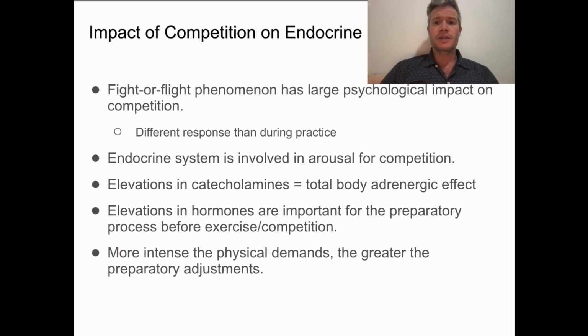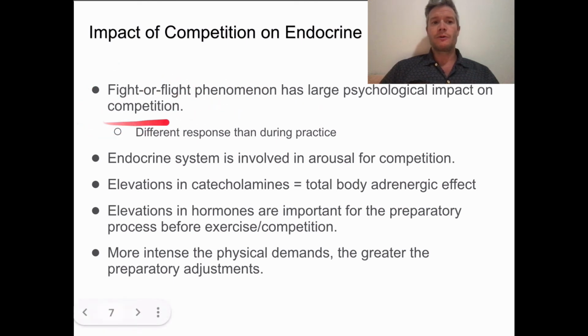Now, if we take a look at what that looks like when we're in competition, we have this fight or flight response that our sympathetic nervous system gets queued up for, and our psychological component has a big impact on that. Our brain knows if we're in actual competition or if we're just in practice.